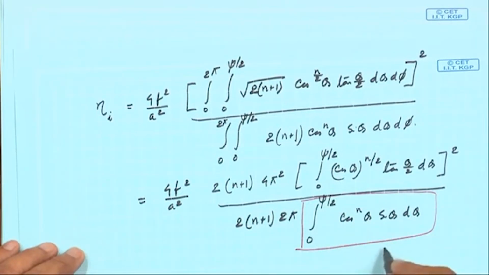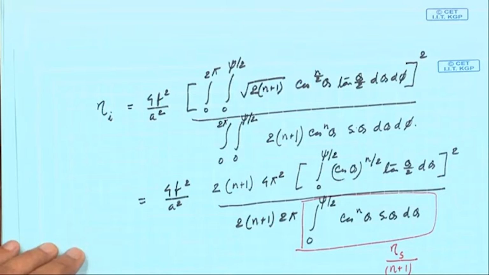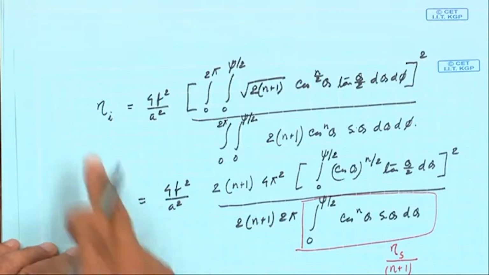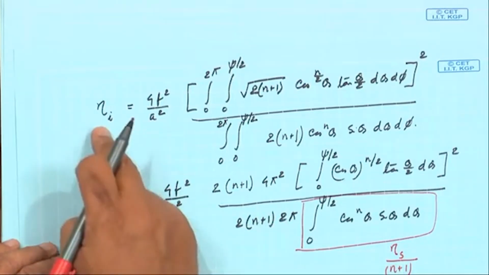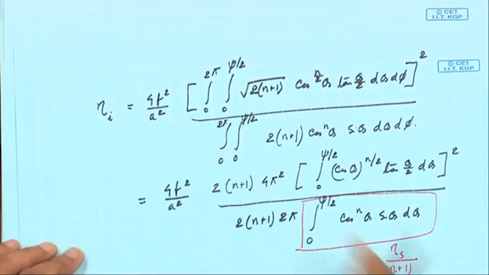So, instead of this we will write eta s by n plus 1. Now, that gives us the product eta s eta I, which will be easier for maximization.